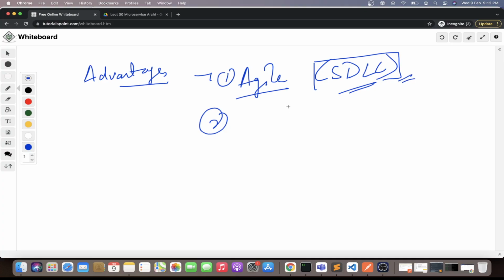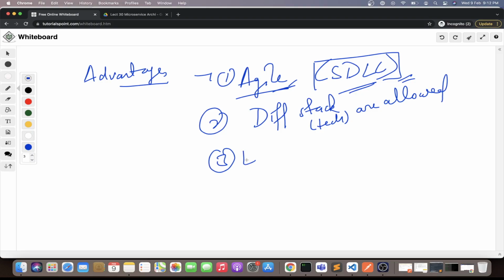So nowadays every organization is working on agile methodology. Different tech stacks are allowed, so according to the suitability of the developer, different tech stacks are allowed. Cool. And it is easy to debug.